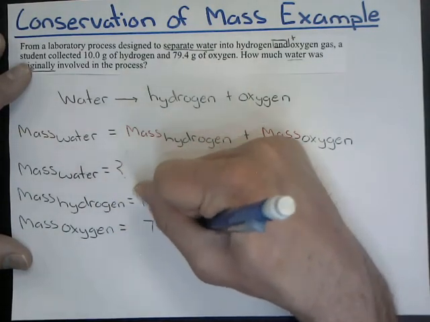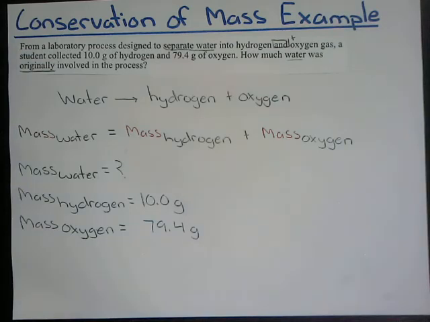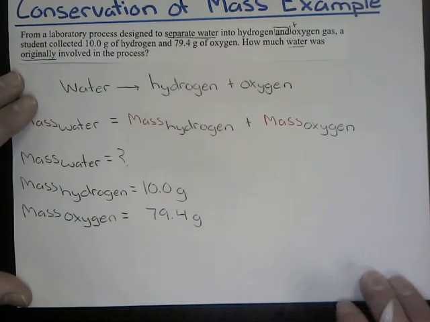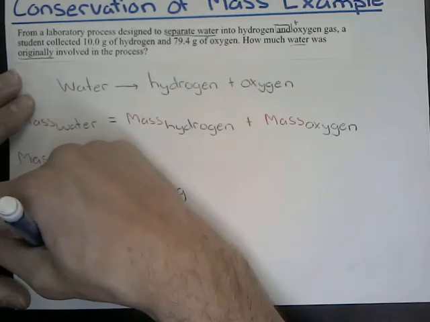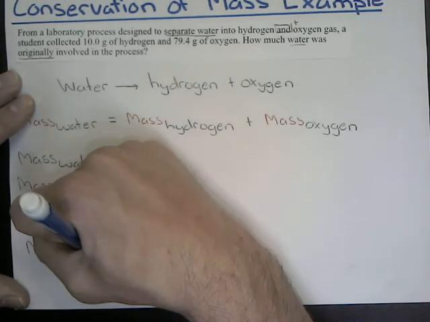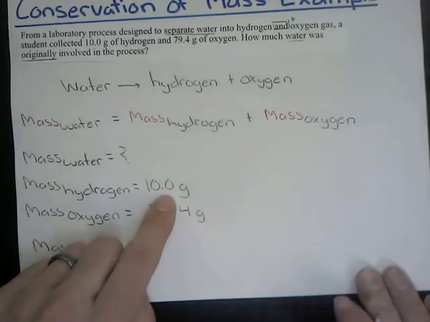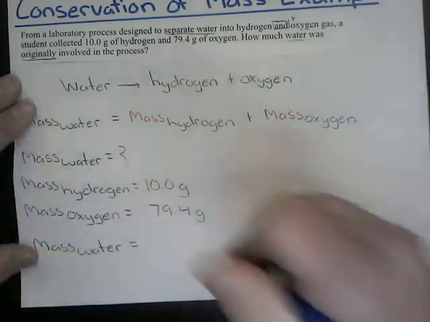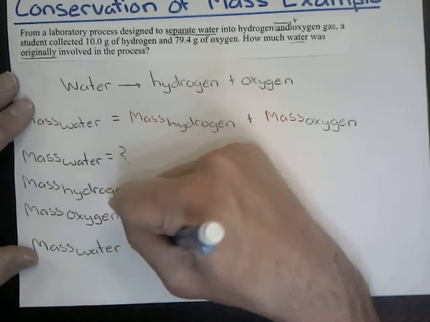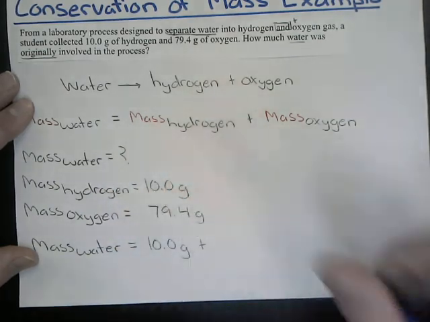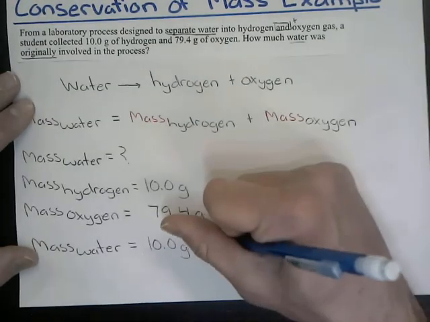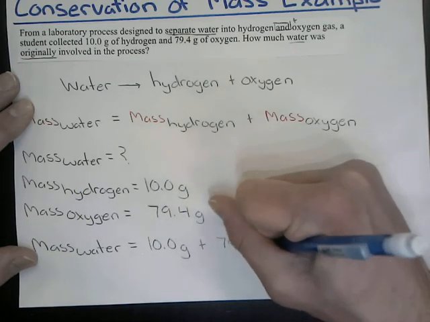So again, we know everything but one variable, so we can plug this into our equation and solve mathematically. The mass of water is equal to the mass of hydrogen, 10.0 grams, plus the mass of oxygen, 79.4 grams.